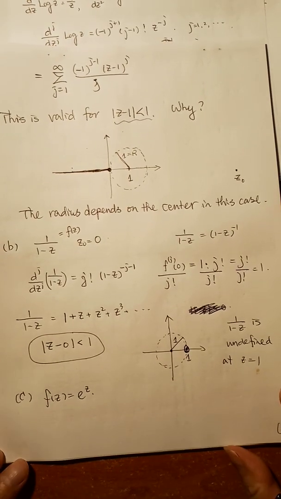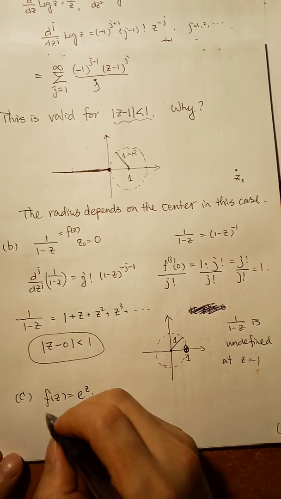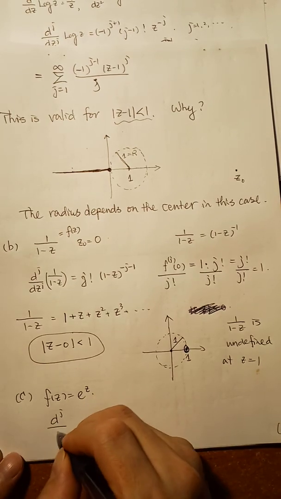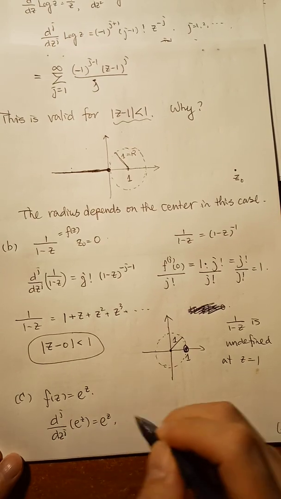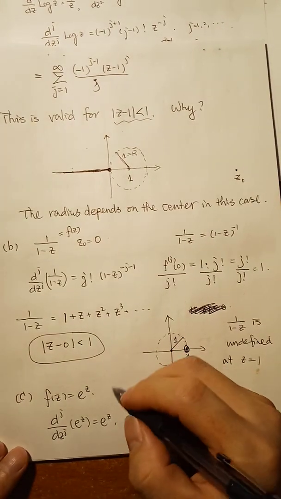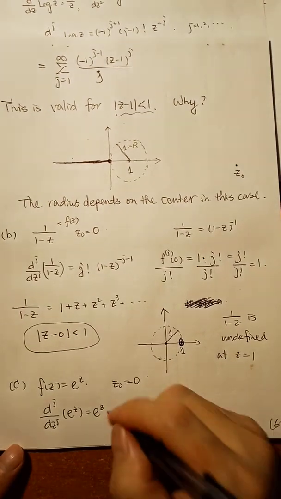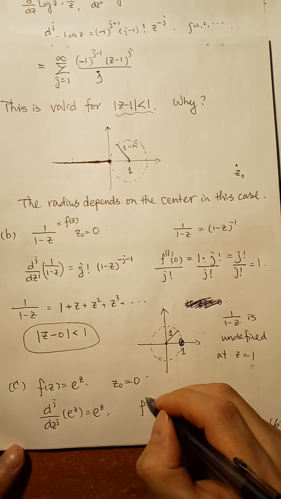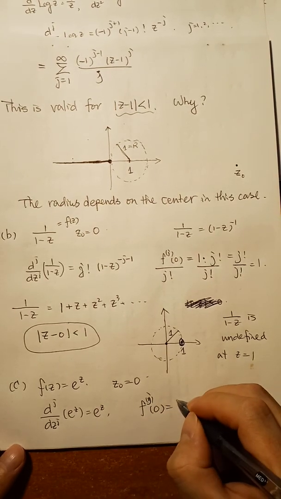The third example is the natural exponential function. We know that for the natural exponential function, whatever the derivative, it is itself. So let's still choose z0 equal to 0 because it's easy to evaluate. And so you see the j-th derivative evaluated at 0 is equal to 1.